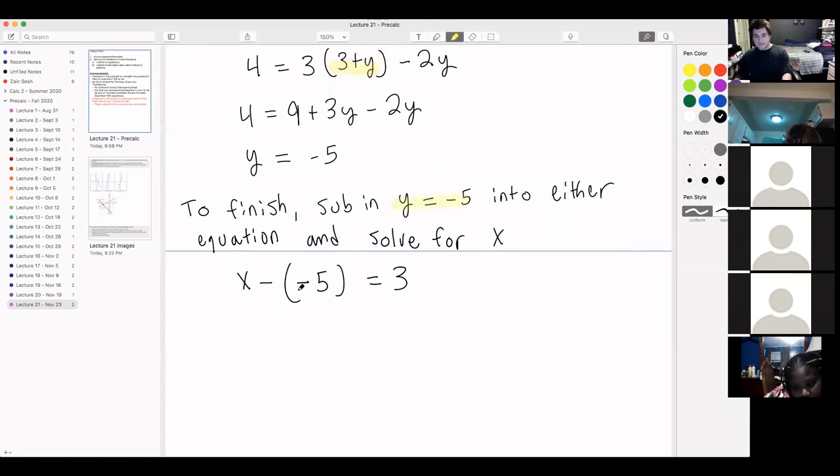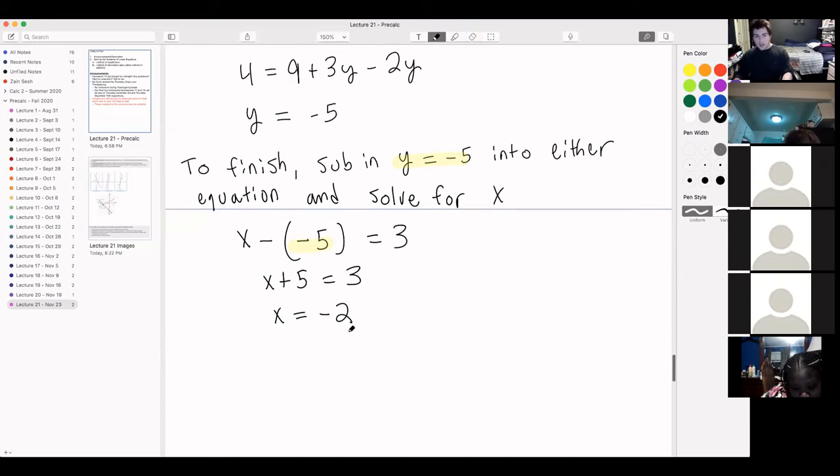So I have a double negative. So this is x plus 5 is 3. And this is x equals negative 2. X equals minus 2. And there you have it.